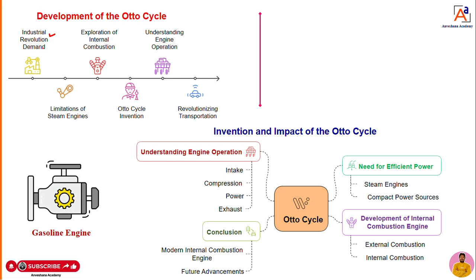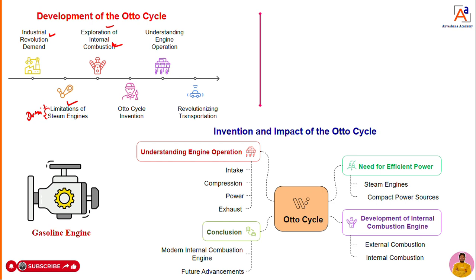But initially engine requirements were there in previous days. In the 17th century, James Watt invented an engine, that is the steam engine. But that steam engine, as we know, has a lot of drawbacks or demerits. So the industry started to explore more work on internal combustion instead of external combustion engines. They put in more effort.